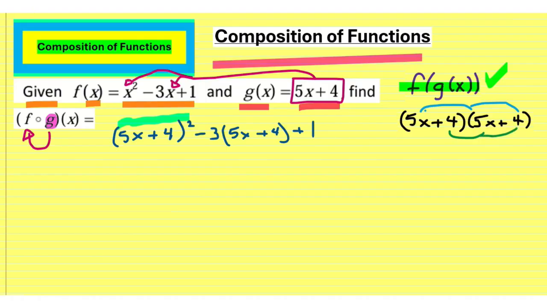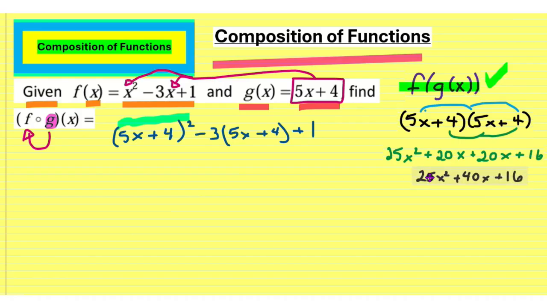Sometimes people refer to it as foiling. So there we go. 5x times 5x is 25x squared. 5x times 4 is 20x. 4 times 5x is another 20x. And 4 times 4 is 16. And then we just combine our like terms, and we end up with 25x squared plus 40x plus 16.